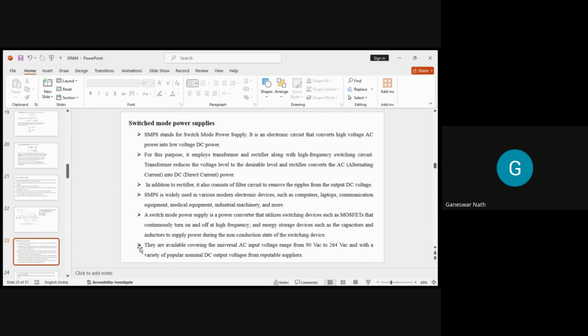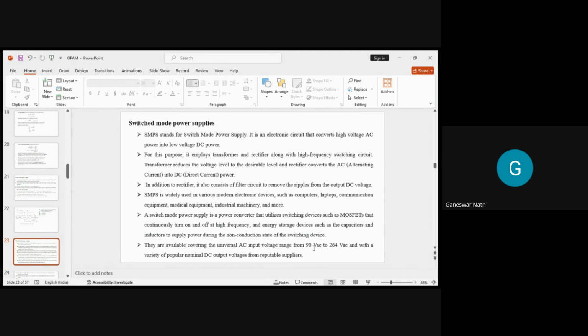A switching mode power supply is a power converter that utilizes switching devices such as MOSFETs that continuously turn on and off at high frequency, and energy storage devices such as capacitors and inductors to supply the power during the non-conduction state of the switching devices.